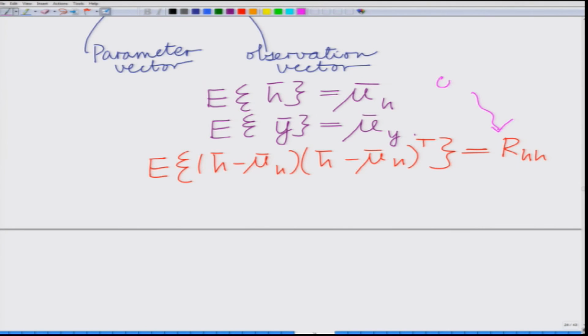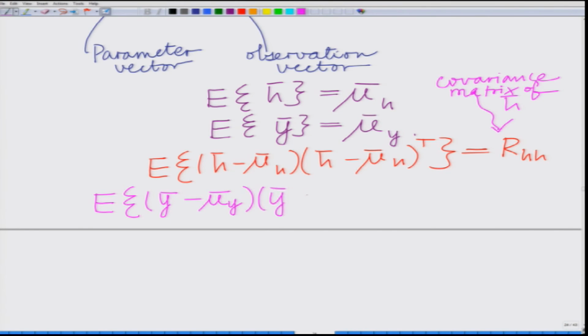This is the covariance matrix of the parameter h bar. Similarly, the expected value of (y bar minus mu bar y) times (y bar minus mu bar y) transpose. This is the covariance matrix of y.